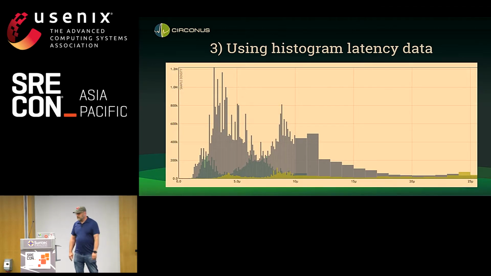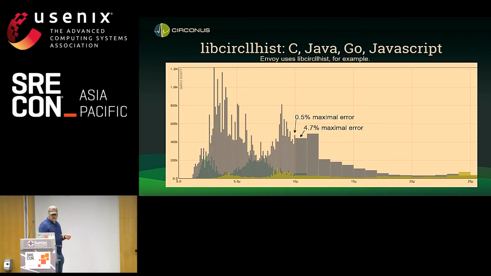So the interesting part, and I'm going to get into the histogram tech that we use, which is called libcircllhist. It's a log linear quantized histogram. It's BSD licensed. It's in C and Java and Go and JavaScript. You're more than welcome to it.